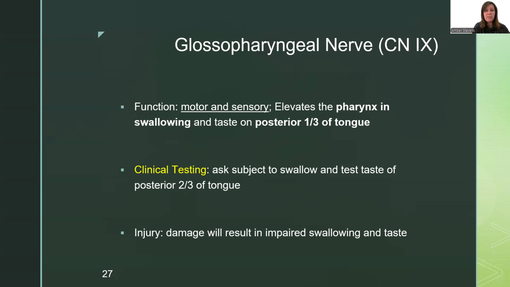How we test for this nerve is we ask the patient to swallow, and then we can also test the taste on the back of the tongue. If there was any injury or damage to this nerve, the damage could result in impaired swallowing and loss of taste on the posterior part of the tongue.